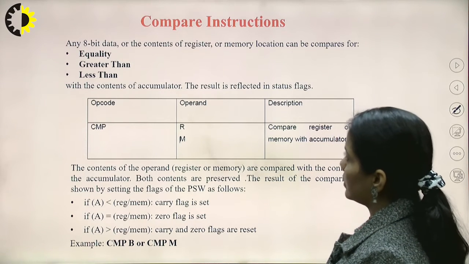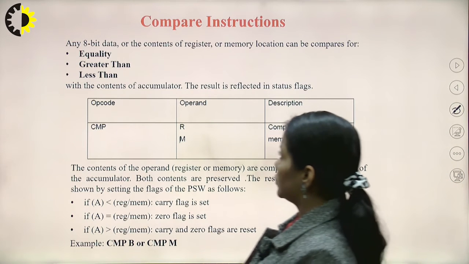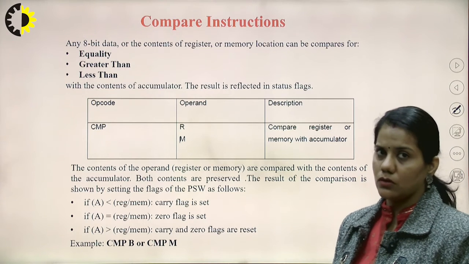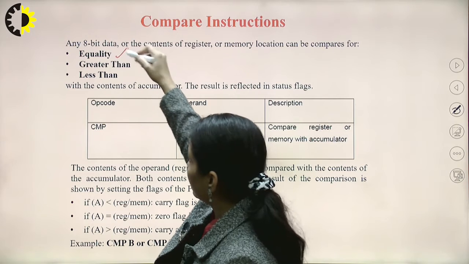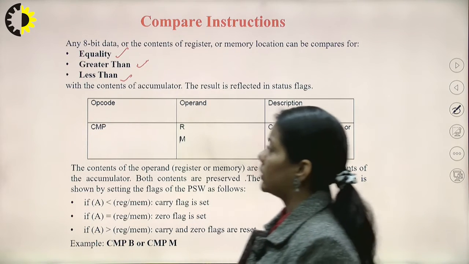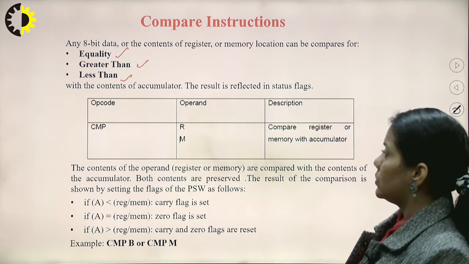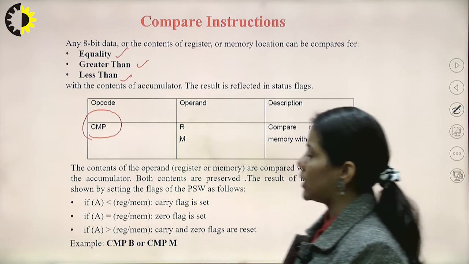Next are the compare instructions. Any 8-bit data or the contents of a register or memory location can be compared for equality, greater than and less than. These are the 3 conditions of comparison. The instruction provided in 8085 is CMP.